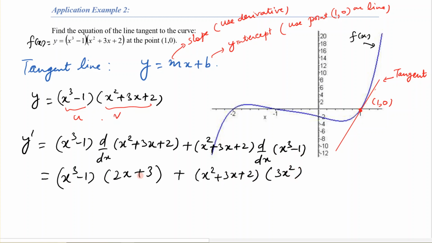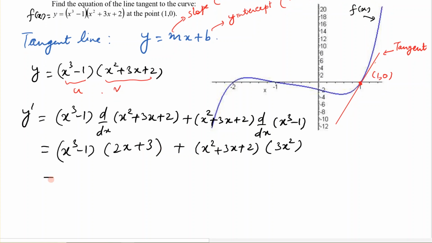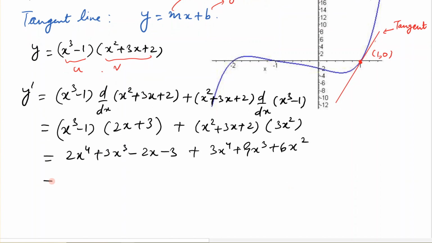Now we simplify using the foiling method. We get x cubed times 2x, 2x to the 4th, x cubed times 3, 3x cubed, minus 2x, and minus 3. Similarly, we get 3x to the 4th plus 9x cubed plus 6x squared. Now we combine like terms. 2x to the 4th plus 3x to the 4th gives 5x to the 4th.